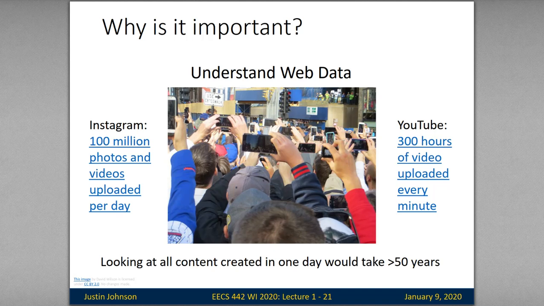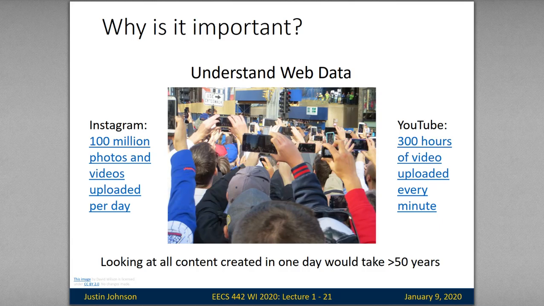And if we wouldn't have such recognition systems, also automatic search engines that look through video data and image data would not exist. And going to numbers, for instance, in Instagram, every day 100 million photos and videos are uploaded.